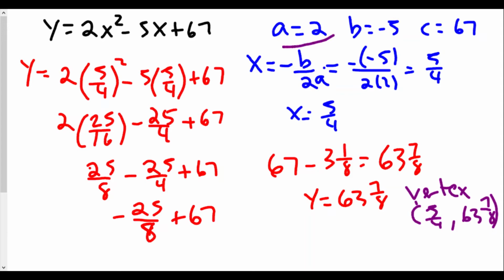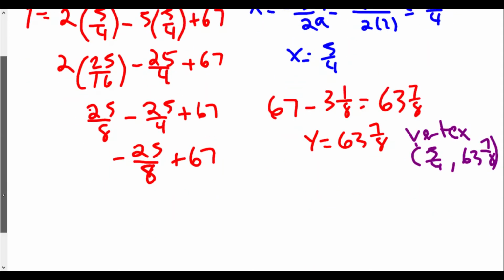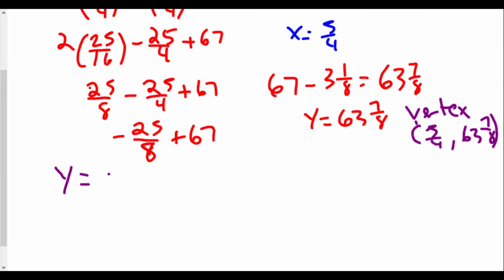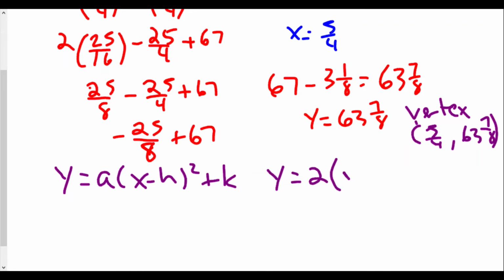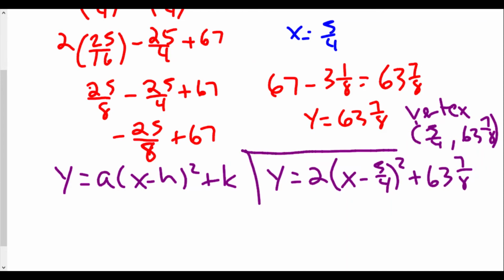Our a value is 2, and so we use our vertex form, y is equal to a times x minus h squared plus k. We have y equals 2 times x minus 5 over 4 squared plus 63 and 7/8. So we found our vertex form the other way, and we got the exact same thing.